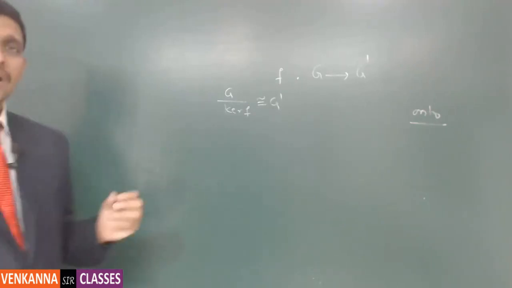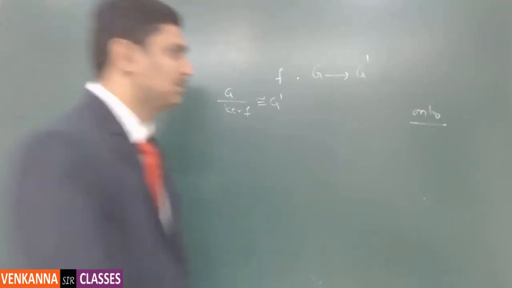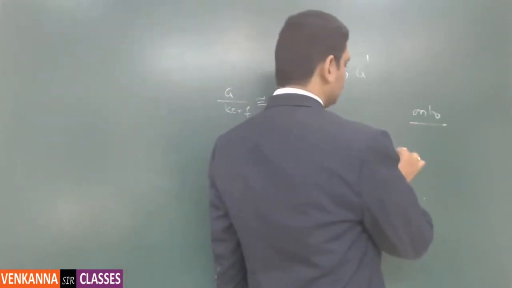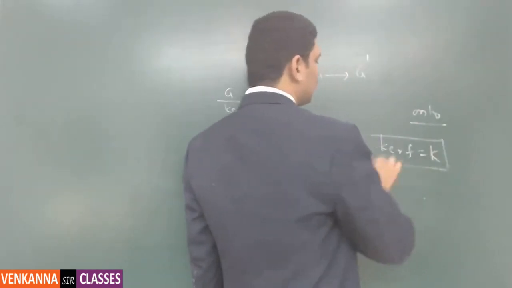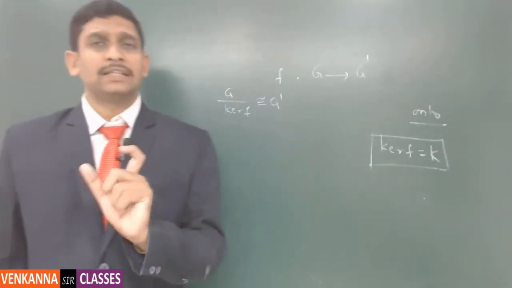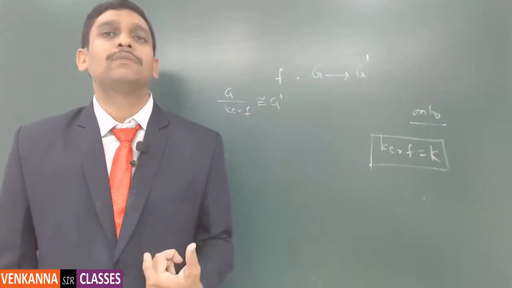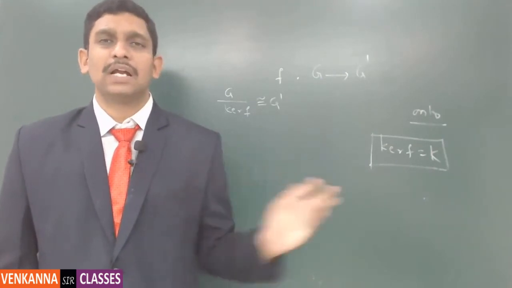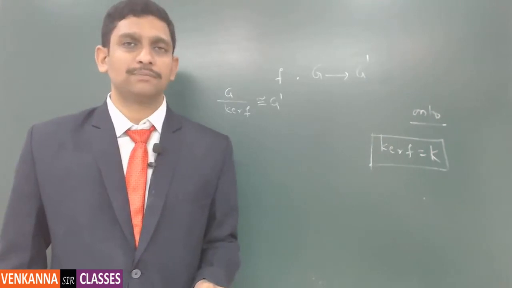For notational convenience, he used the symbol kernel F equal to K. Every time, writing kernel F gives me confusion while reading the proof. So I am using a symbol K that stands for the kernel of the homomorphism.